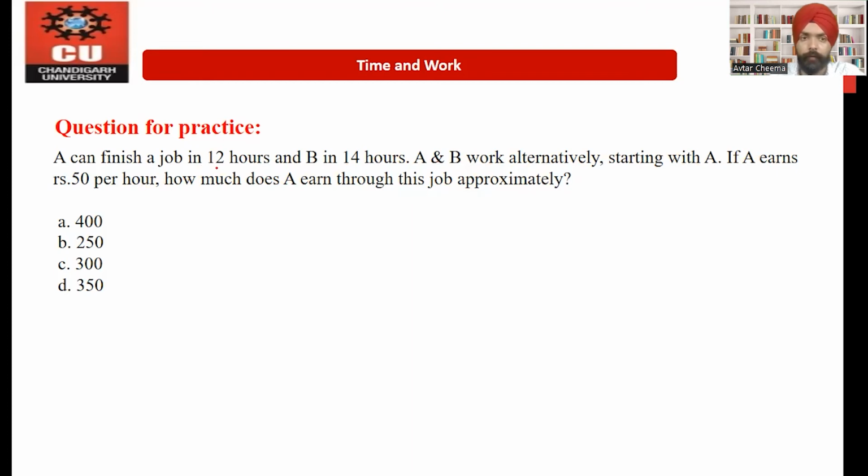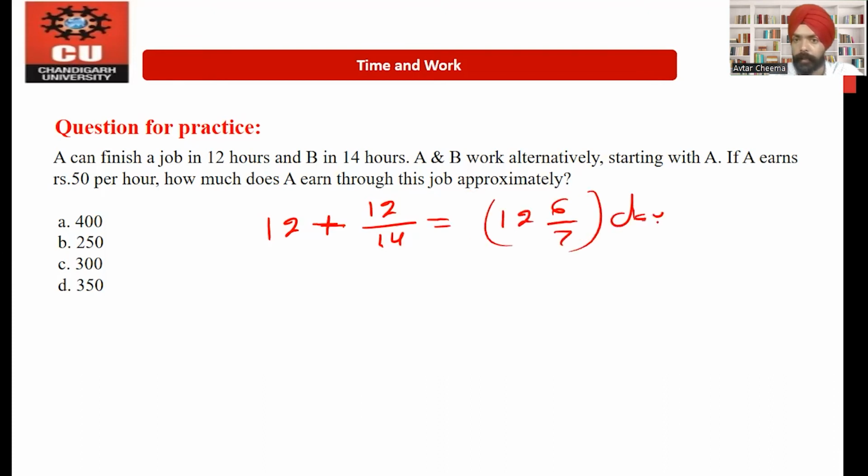Now, if we solve through this, like the previous one, 12 plus 12 divided by 14, this will be 12.86 days if they are working on alternative days.